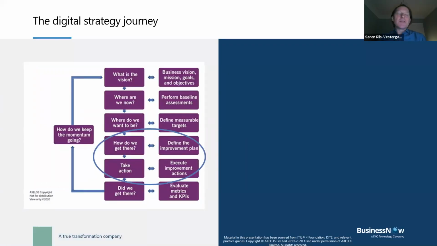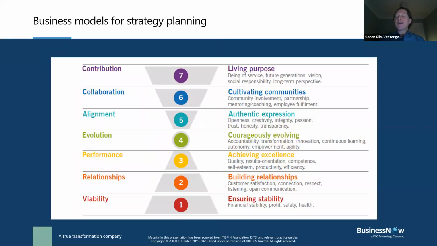Great. So the digital strategy journey continues with actually defining an improvement plan and to take action and execute these improvement actions. And whether you do it as a traditional project or whether you do it in a more agile fashion, ITIL recommends in the book that you consider using the more modern and adaptable methods for achieving your strategic objectives.